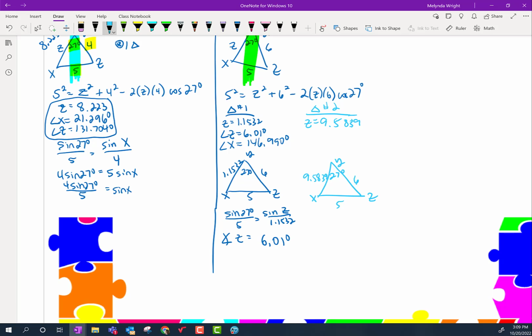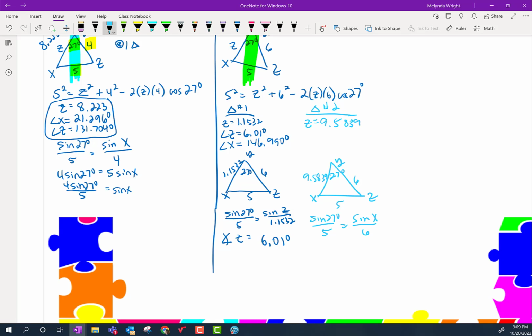Okay, which angle should we find now? Which one now? Angle X. Yep. So sine of 27 degrees over 5 equals sine of X over 6, because we always want to find the smaller one with law of sines.